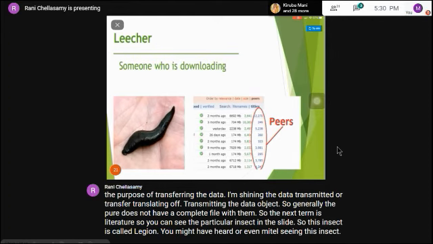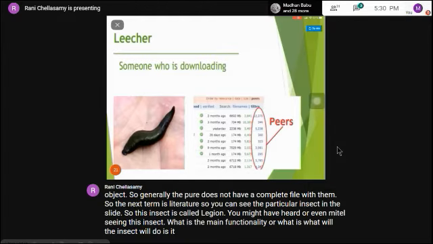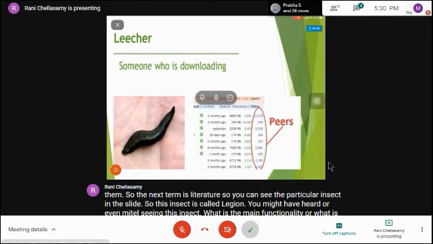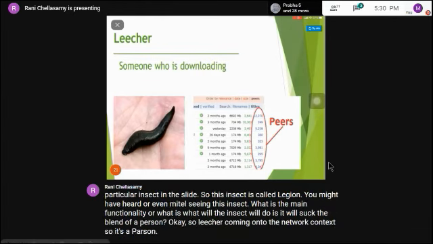What is the main functionality of this insect? It will suck the blood of a person. Okay, so leecher, coming onto the network context, is someone who is downloading. That person is called a leecher.